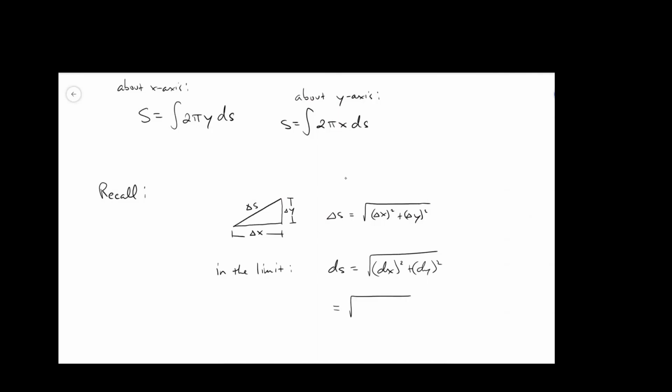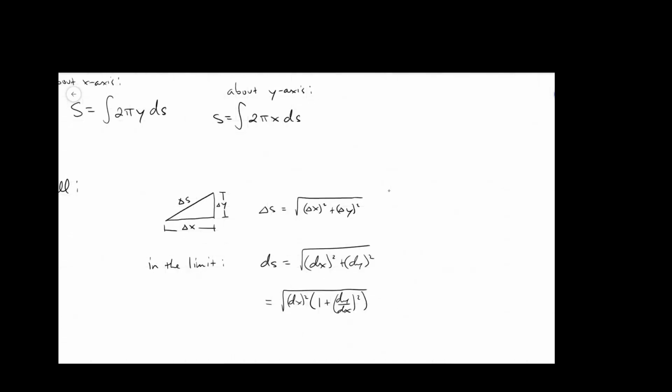Like suppose I were to factor out a dx squared, right? What if I do that? If I factor out a dx squared, then I'm going to be left with 1 plus dy dx squared, right? And then I can take that dx out of there, and you see what that's going to turn into? It's going to turn into the exact formula that we just had, right? 1 plus dy dx squared, and then that dx kind of floats out to the outside there.